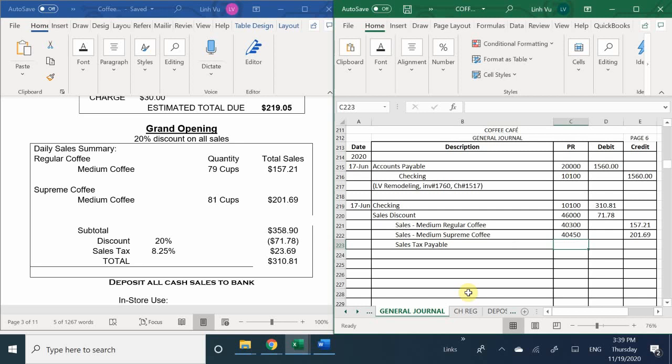And sales tax payable is under the liabilities column. It's 27,000 is the account number. Okay. And the amount of the tax is $23.69.